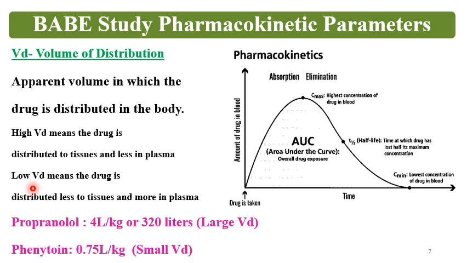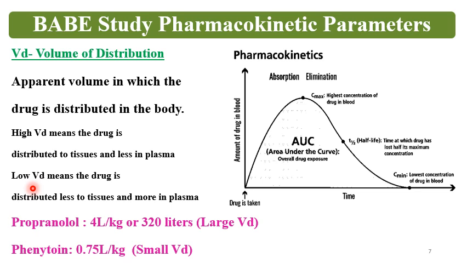So now you should correlate the VD to the elimination. If a drug has high VD, it will have low elimination. And if the drug has low VD, that means the drug is less distributed to tissues and it will be more in the plasma and it will be eliminated from the body.